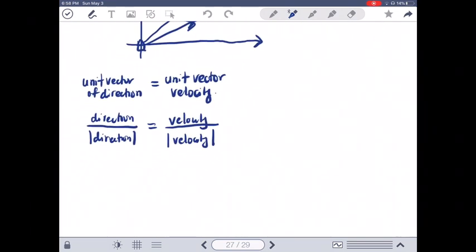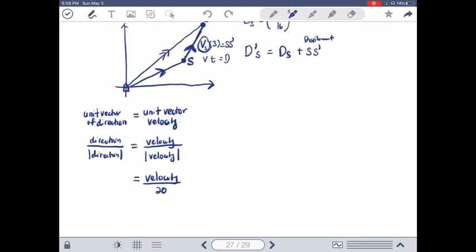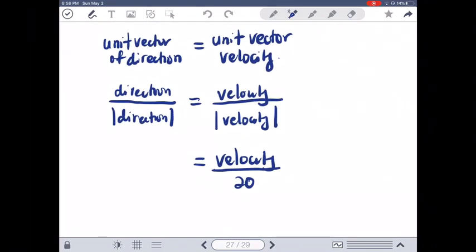So now we have the velocity vector over 20 is equal to the direction vector given in the question.